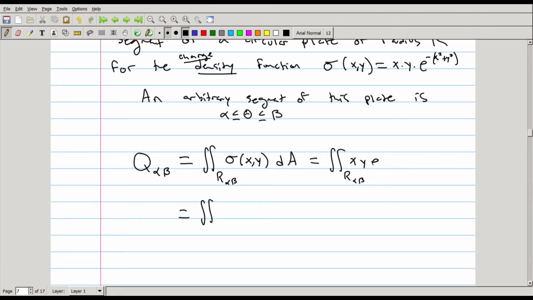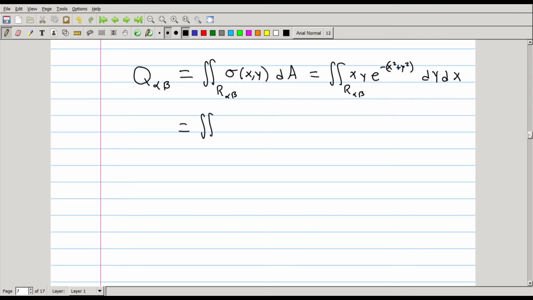It's going to immediately pay to, instead of going through and trying to evaluate this double integral in Cartesian coordinates, immediately switch to polar coordinates to get the value for our answer.